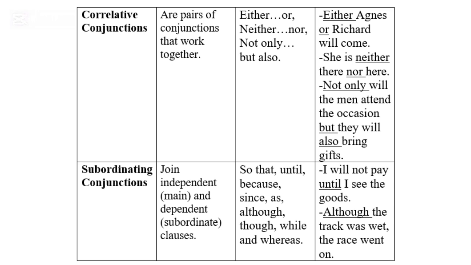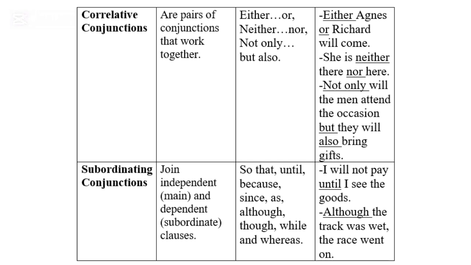The last is the subordinating conjunctions. These are used for joining independent and dependent clauses. In the English language, we have two types of clauses.